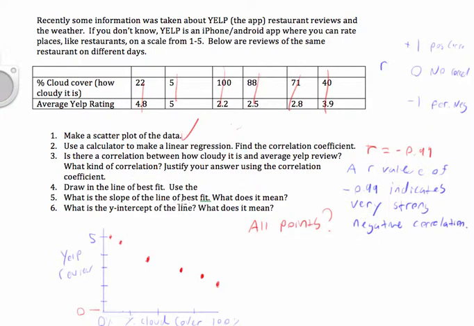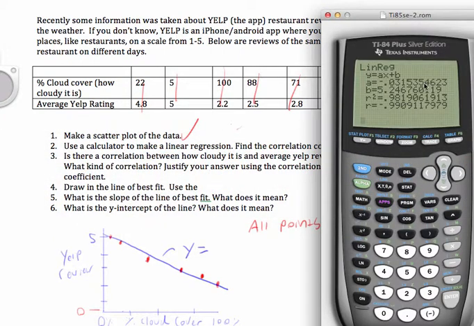Drawing the line of best fit. Okay, so I can kind of sketch this. The line of best fit doesn't have to be perfect, but I should put my equation here. And what is my line of best fit? I have to look at the numbers here. Our equation is y equals ax plus b, but I know what a and b are, so I'm not going to just leave that the way it is.